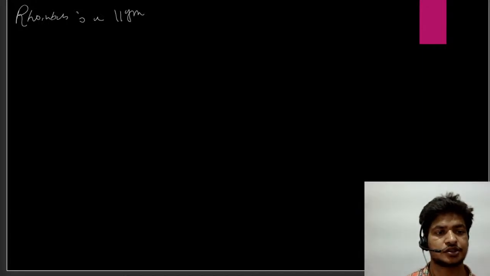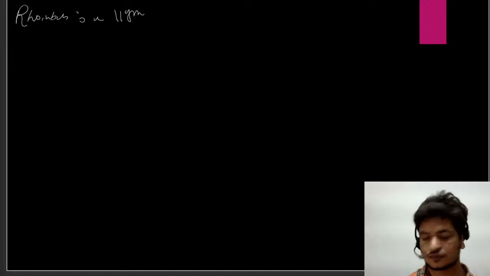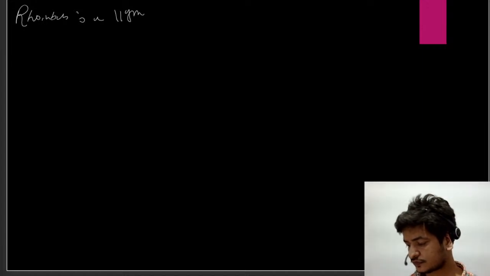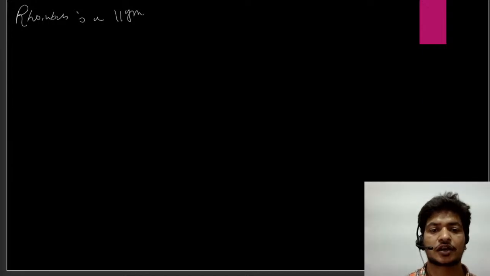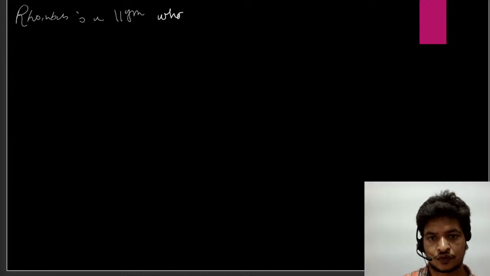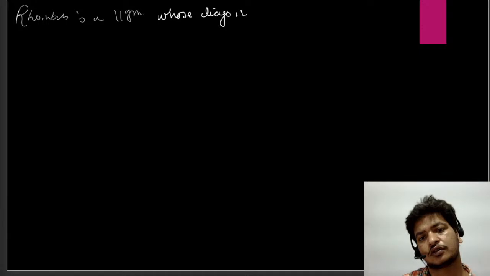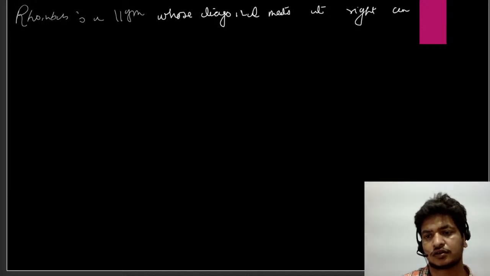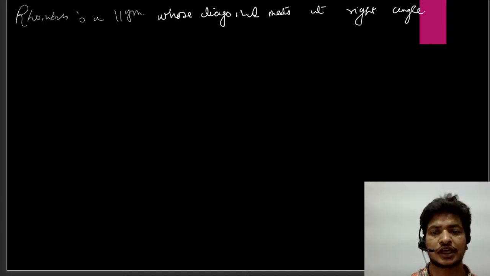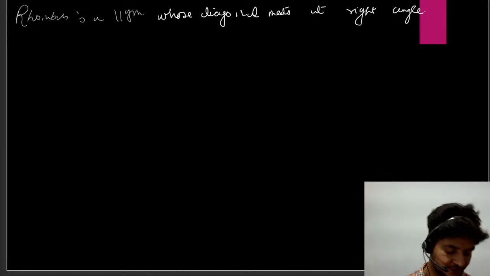Okay, just a minute, let me change the shape. Rhombus is a parallelogram whose diagonal meets at right angle. This is the theorem that we have to prove.